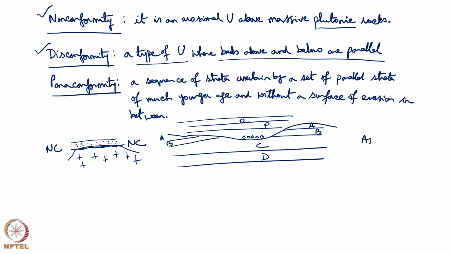The contact between A and B is parallel to the contact between P and Q, or we can write the contact between B and C, which is below the disconformity surface, D dash is parallel to the contact between P and Q.